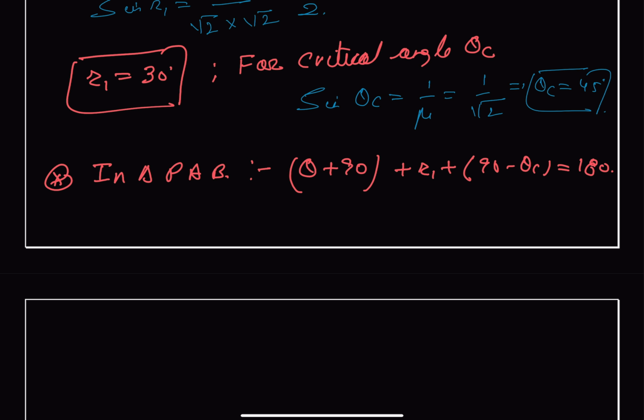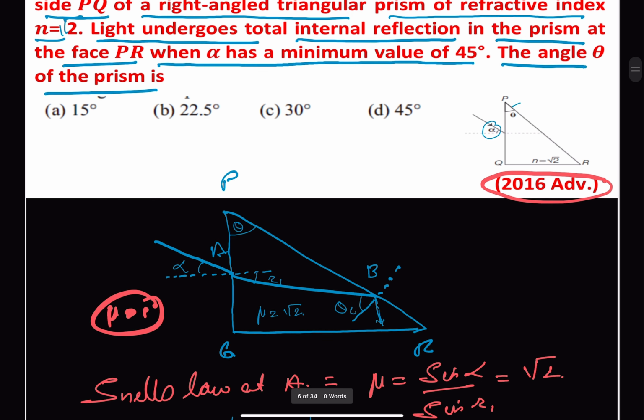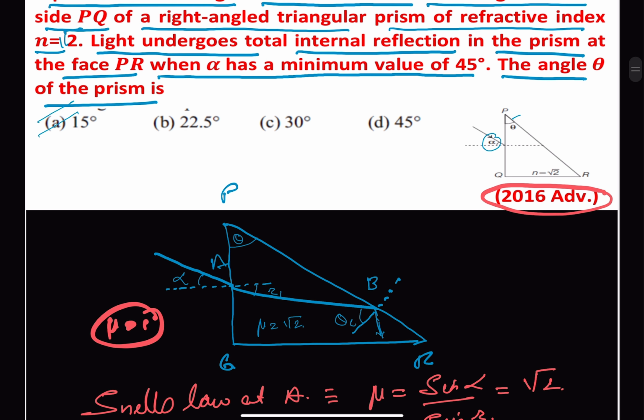So we know all the rest of the values. First of all this 90 and 180 go away, and we can write that theta plus R1, which we found out is 30, minus theta C, which we found out is 45, is equal to 0. So this gives us theta is equal to 15 degree. This is the angle of prism. So option number A is the correct option.